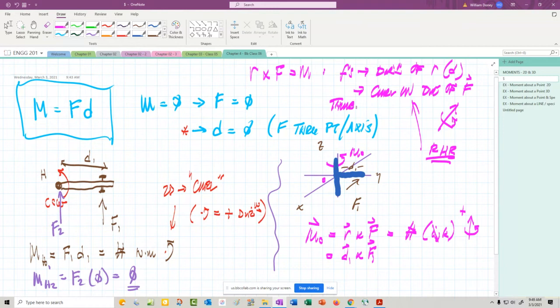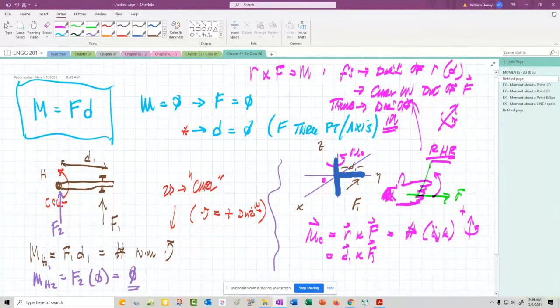And then the thumb gives the direction of the moment. So in this case, we take D and point it over this way. There's our fingers pointing that way. We're going to curl them in the direction of F. So that is R, we curl in the direction of F, and the thumb gives us the moment.